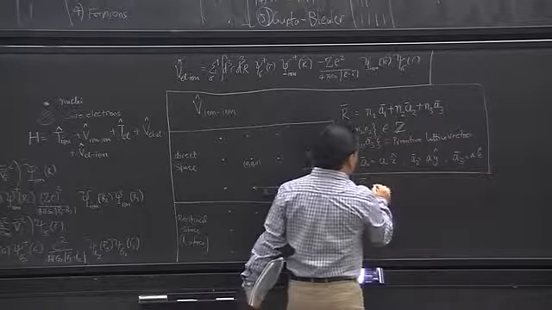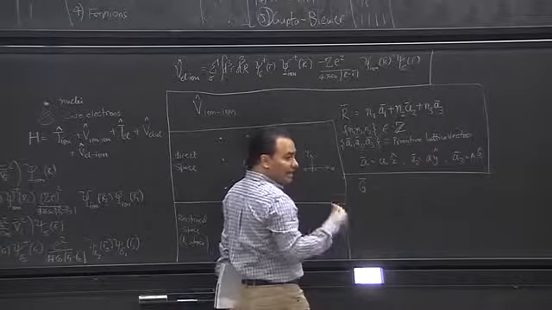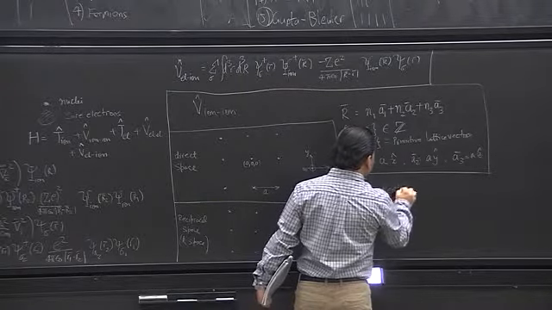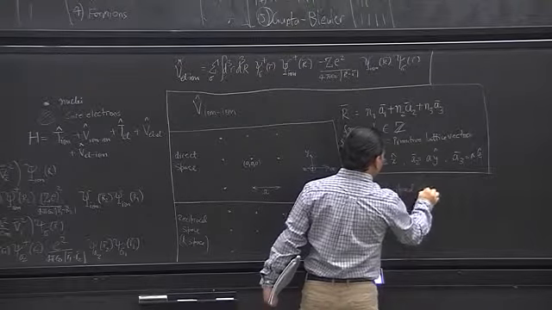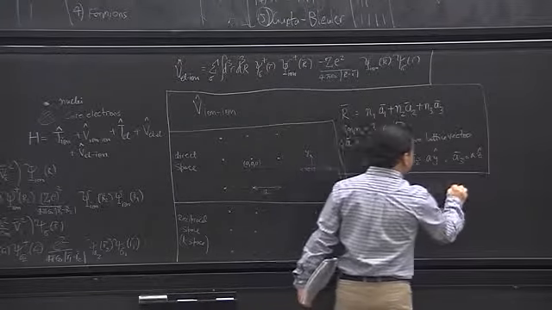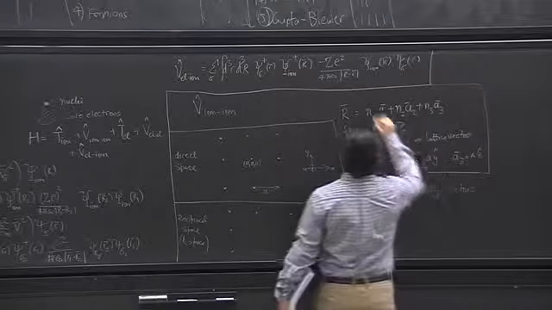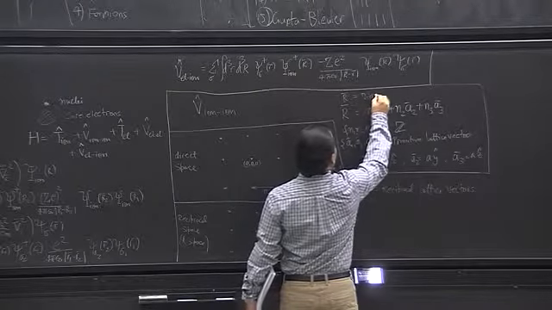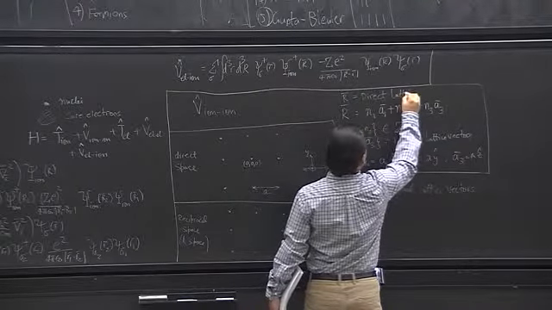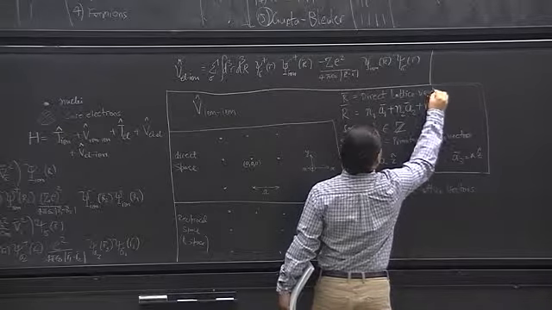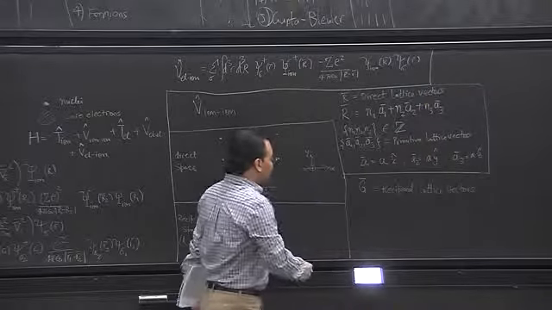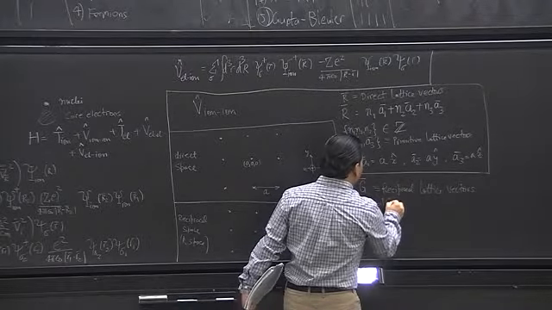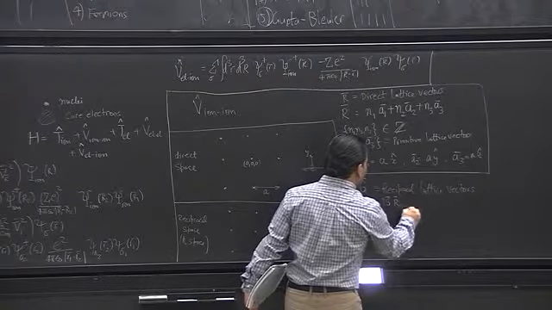These are reciprocal lattice vectors, which are defined using this property that e to the power i G dot R is 1.